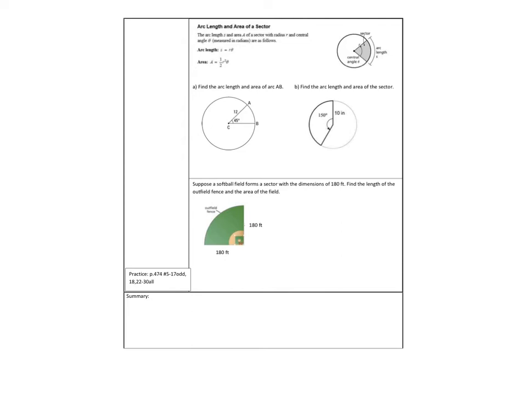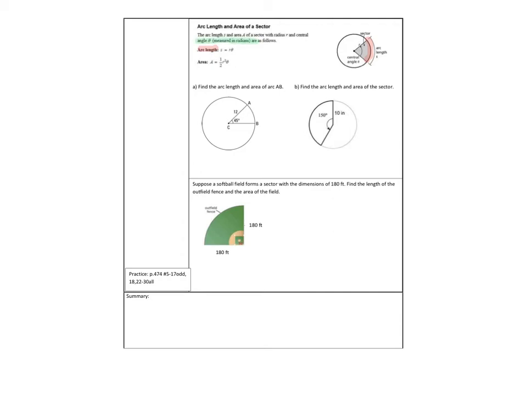So an arc length, that's going to be the length on the outside of the circle. I'm going to highlight that. So arc length, we're talking about how long is that curved part of the circle. To get that, you multiply your radius times your angle, but the angle has to be, this is important, in radians.